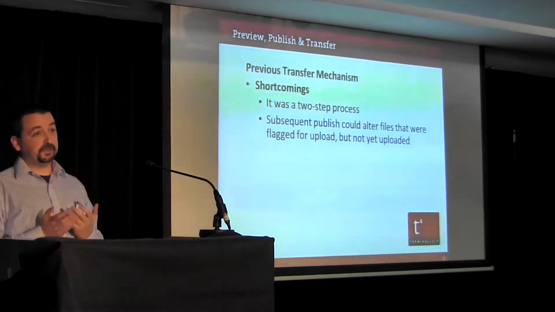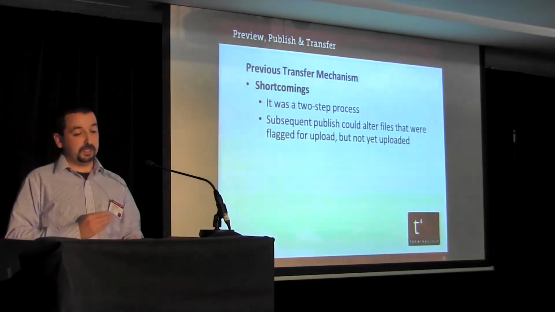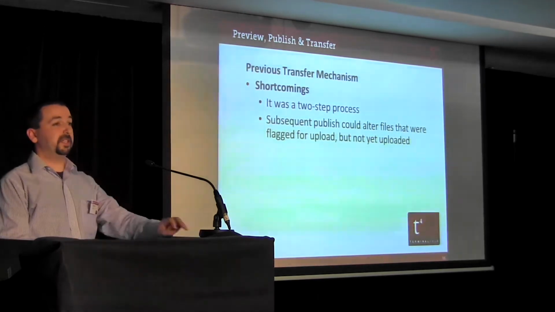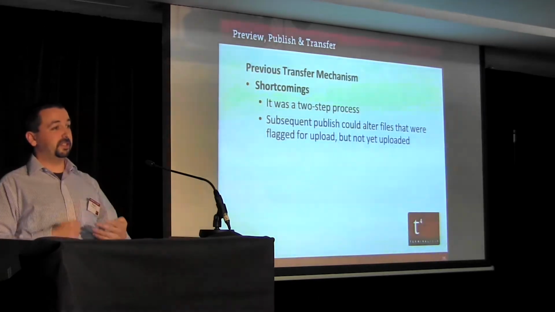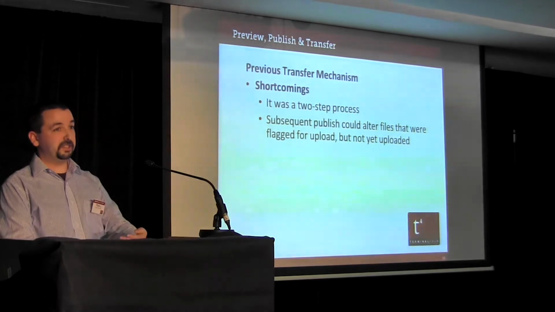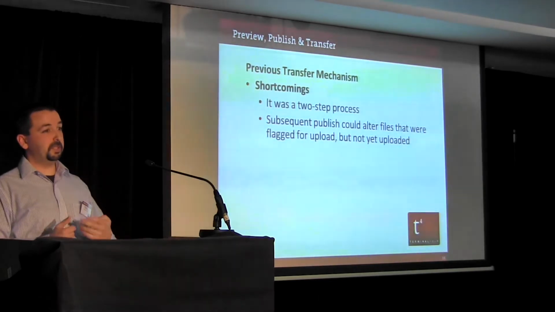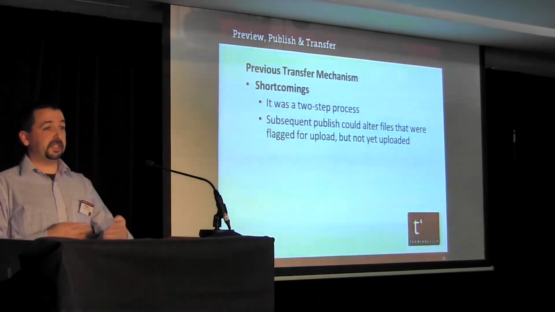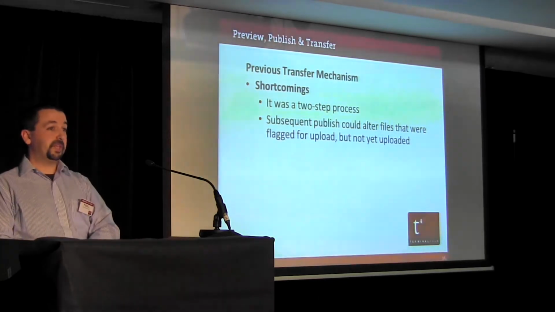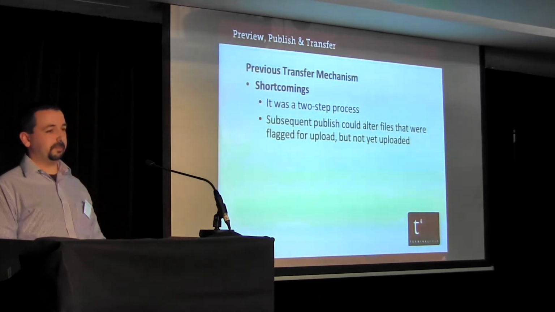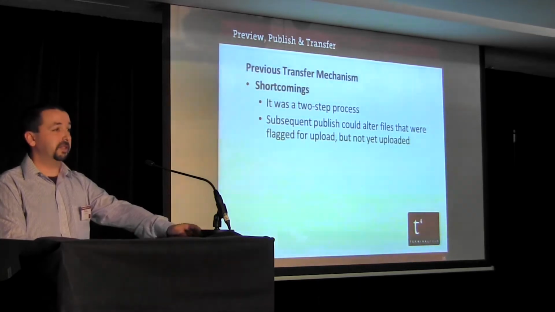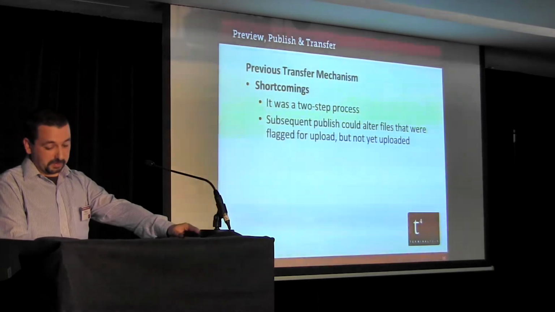So until the first step was completed, we didn't actually start the second step. And what it meant was, if we generated the hash and determined that a file had changed, a subsequent publish could overwrite that file with different contents, and we could then upload a changed file. So you couldn't be sure of exactly what would be uploaded, and that was an issue for some customers.